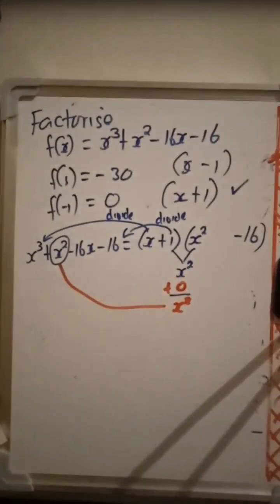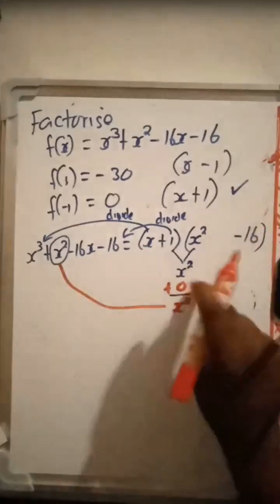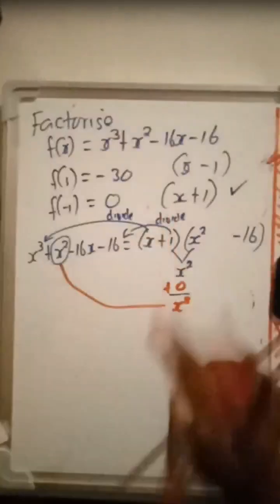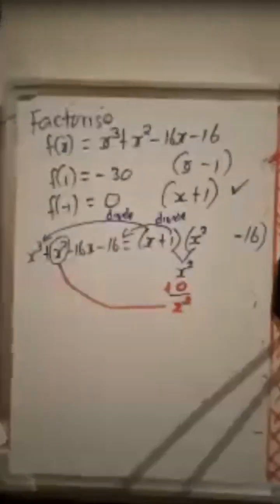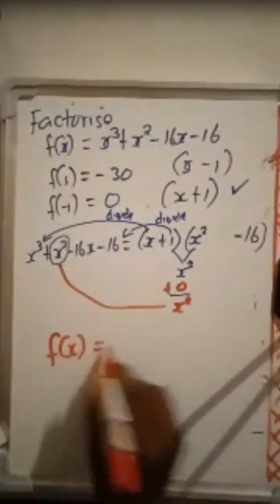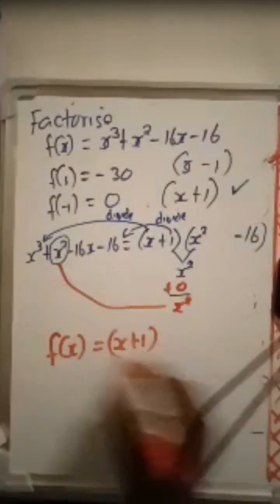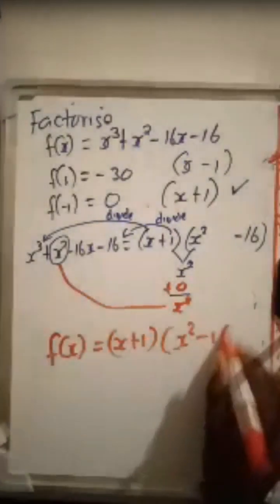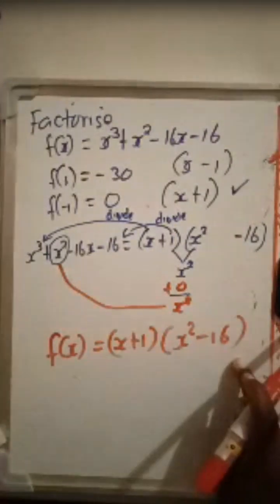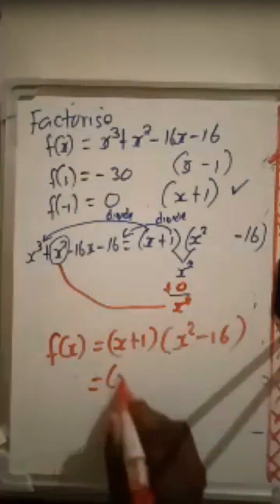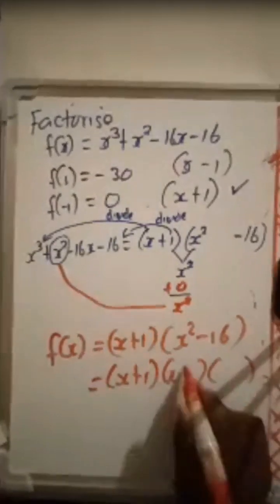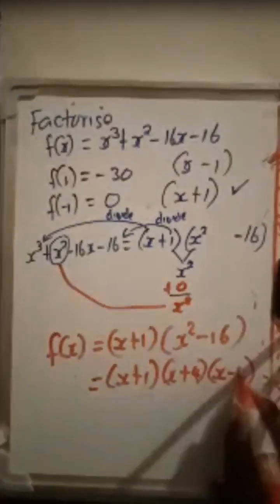Because here what we're supposed to take is what you get here. That is what you put here, after dividing it by x, after removing the square. So f of x is equal to x plus 1 and x squared minus 16. Then if you check, this is the difference of 2 squares, so we have x plus 1, then x plus 4 and x minus 4.